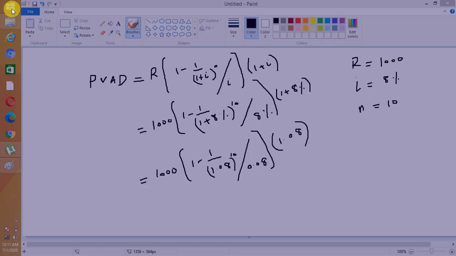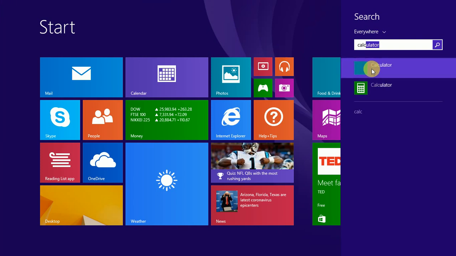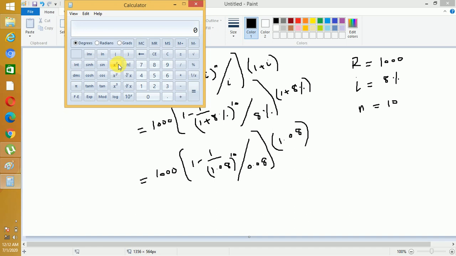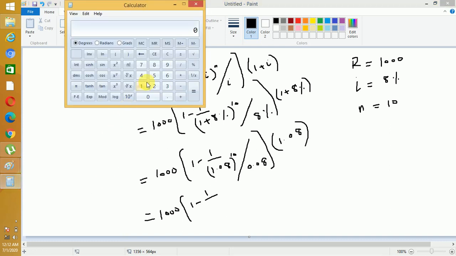Okay, we will go to the calculator. This is the calculator. So now see, you will write this 1000, 1 minus 1 divided. Now I'm going to calculate 1.08 raised to the power 10.